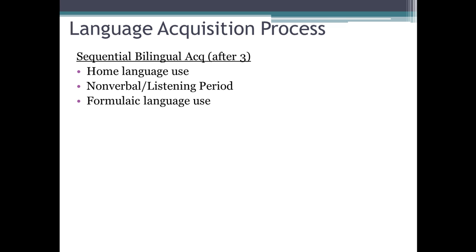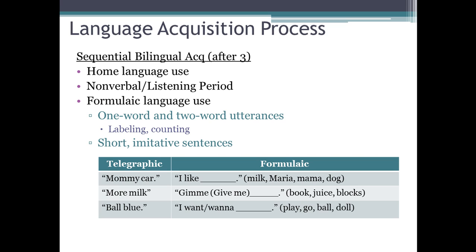Okay, then the next stage is formulaic language use, and just like we had seen with the other developmental stages, we're going to start with one word and two word utterances. So I'm going to give you an example of that. They might start with something like mommy car, or more milk, or bowl blue. Basically very short words, or two words together, to try and express themselves.